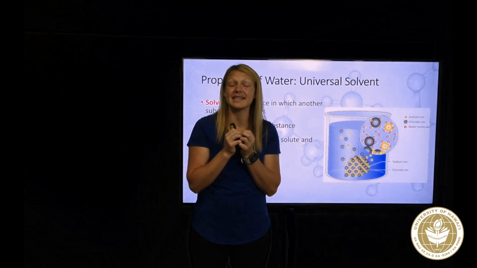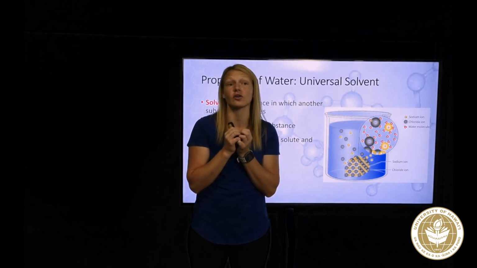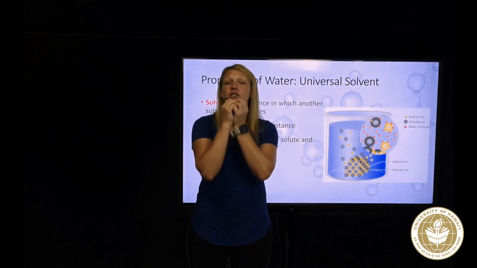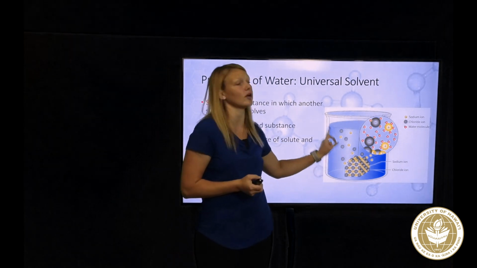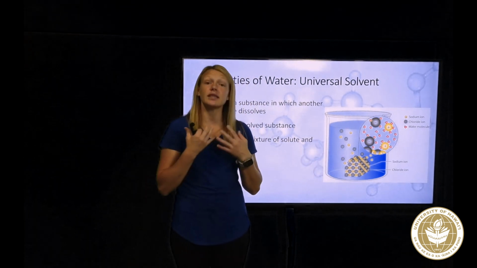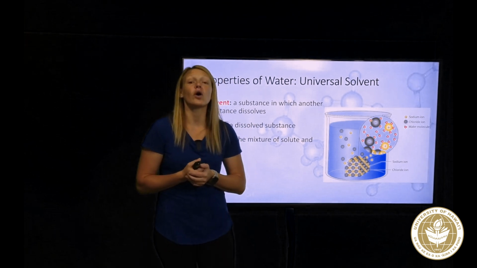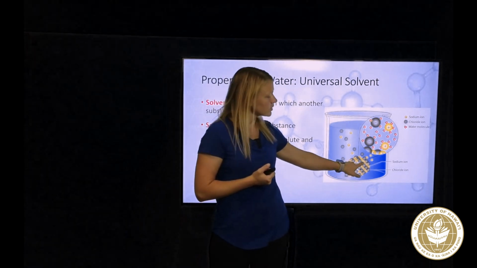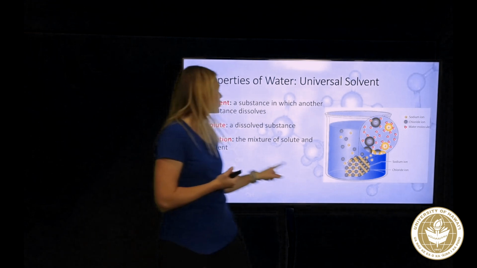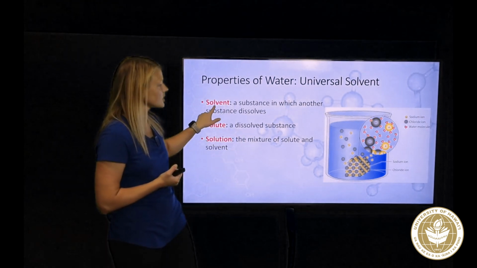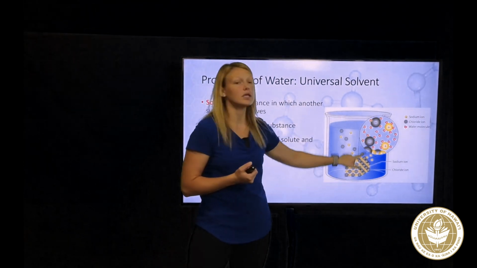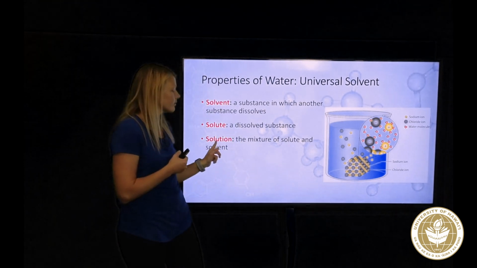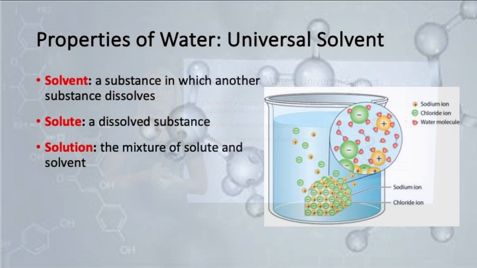This weakens that ionic bond that holds the salt crystal together, and then the ions pull apart and salt dissolves in your water. So in this case, your salt, your sodium chloride, is your solute. Your solvent is water. The solution that you end up with is salt water.